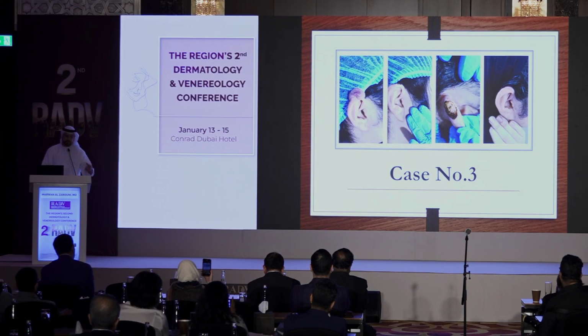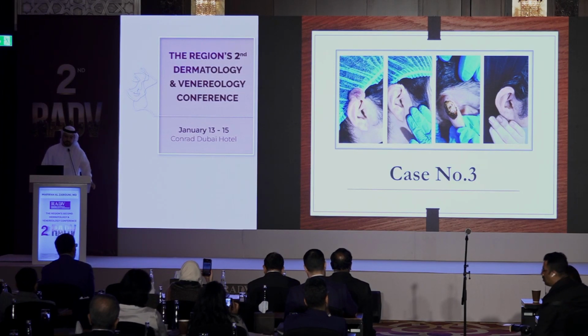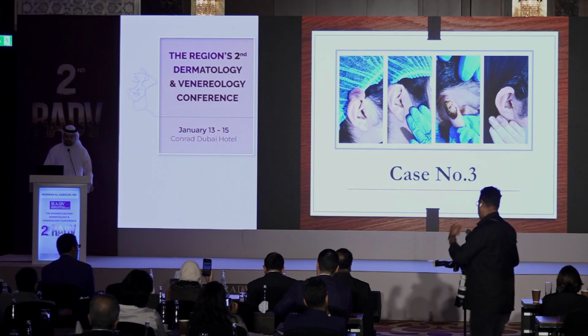You have to remove the whole lump, but make sure you do not reach the cartilage. If you reach the cartilage, the recurrence risk will be higher, because you will cause infection, inflammation, and recurrence of the tumoral shaped keloid scar.